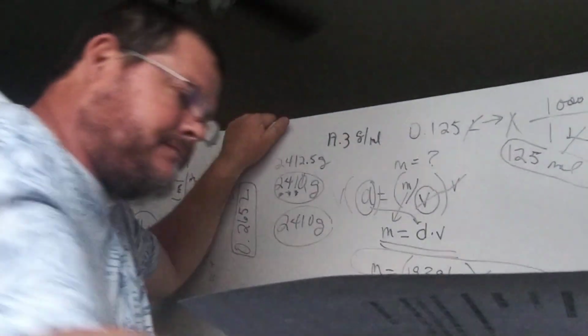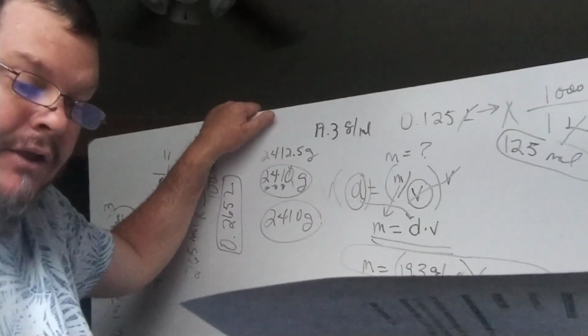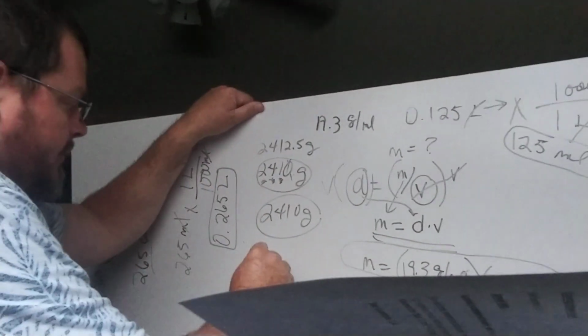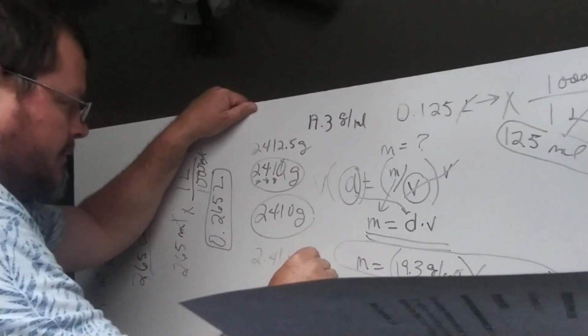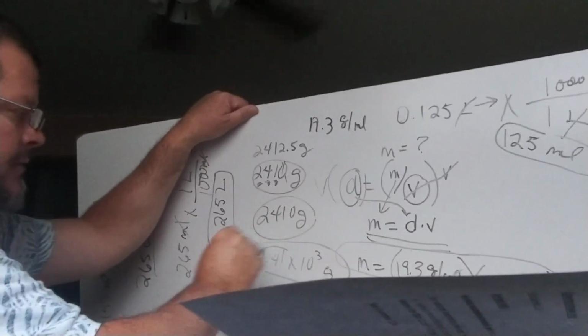Is that the answer the book gave us? The book says 2410. You could also use scientific notation. They say the other way to say it would be 2.41 times 10 to the third power grams. That's the same number. How many significant figures are there? 3.